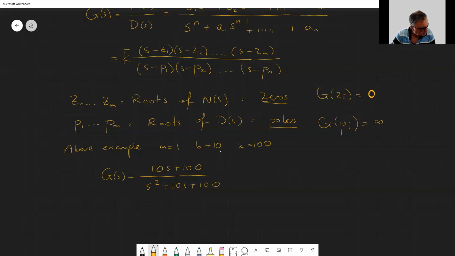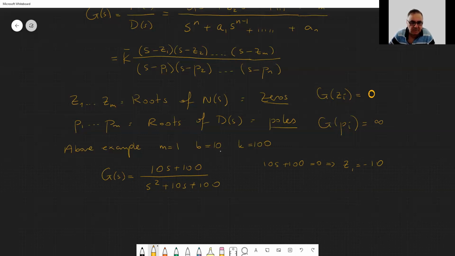The zero of this system: 10s plus 100 equals 0 gives z1 equal to minus 10. There is a zero at -10.